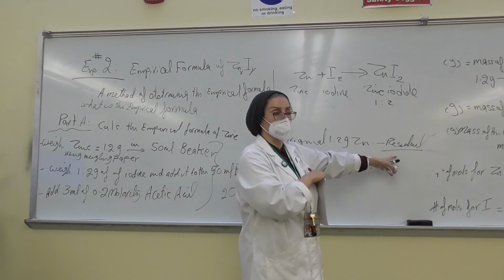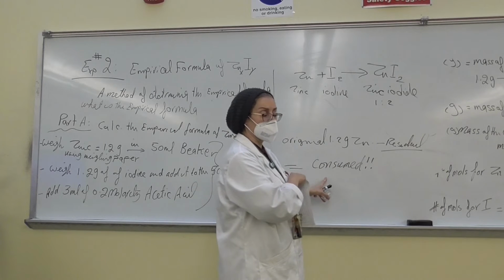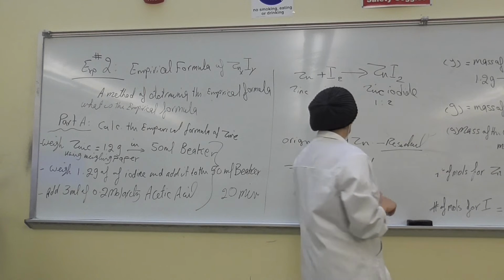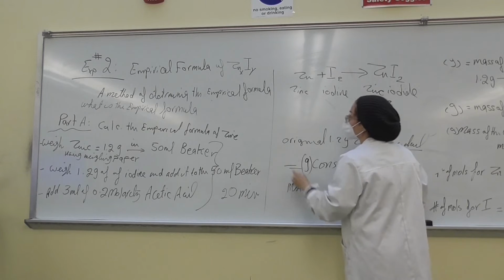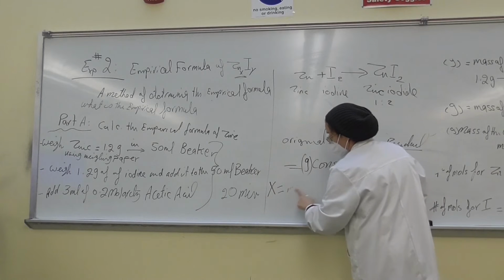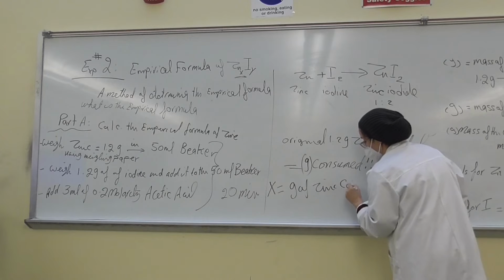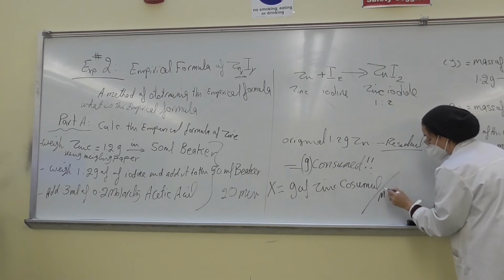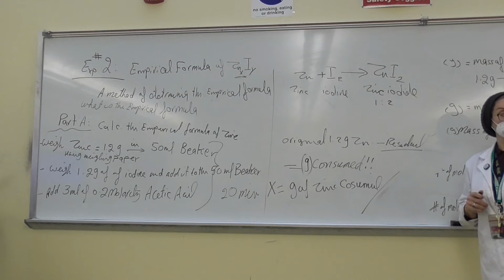Now, once we find the number of grams of residual, subtracted from the 1.2, that will give me the consumed. That's what I need in grams. When we find the mole, which is the X, it is equal to the gram of zinc consumed divided by the molar mass, the atomic mass unit of the zinc.